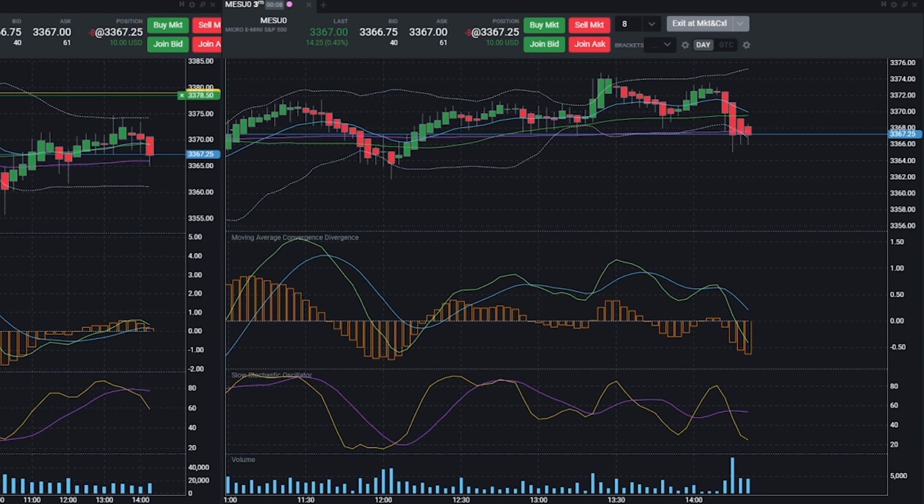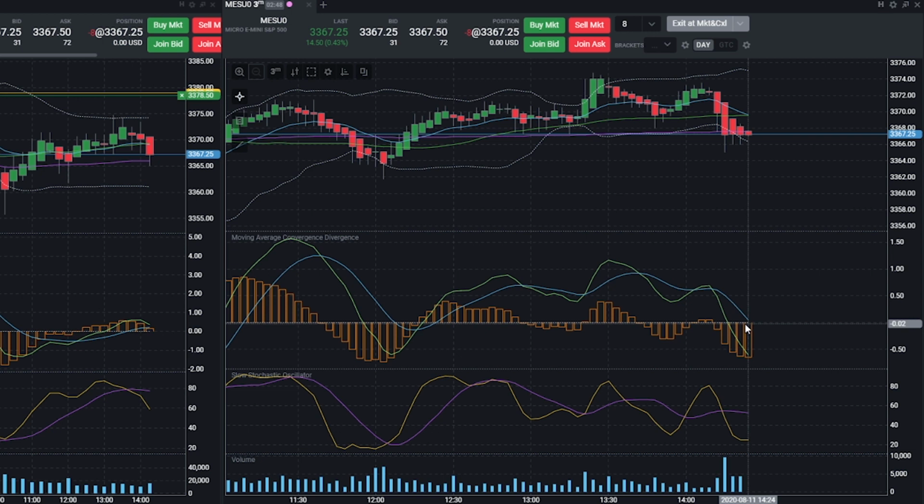As you notice, we're about to get a double cross of the 0 line on the MACD on the 3-minute chart. Okay. Also, I'm still watching this 15-minute MACD. Convergence is very close, and also very close to the 0 line.